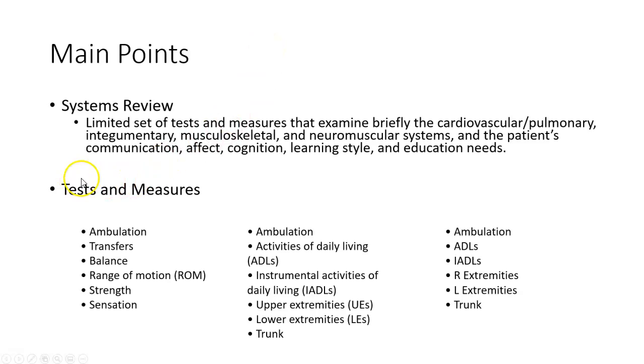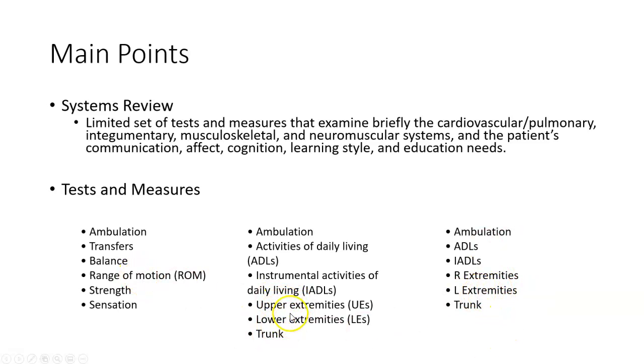From there, everything else goes into this tests and measures component, and it can be organized in any number of ways, whether it's more based on function and area with upper and lower extremity and trunk divided out, or right and left extremities.